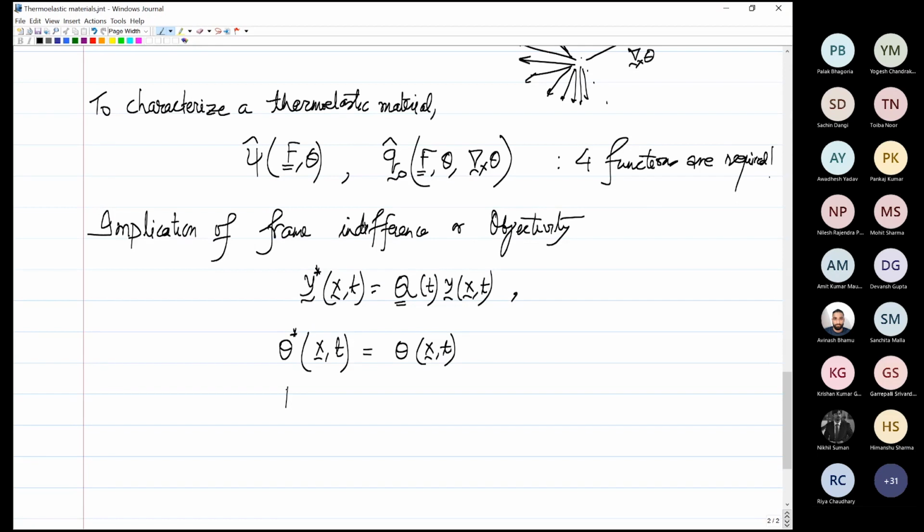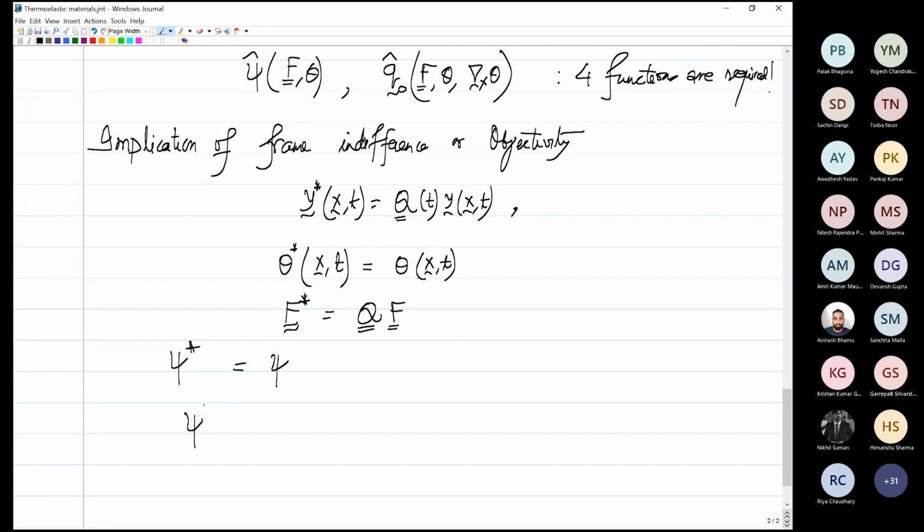And we know that f star is equal to q times f. And how should psi and psi star be related? They should be the same, right? Because psi is also an objective quantity, and being a scalar, psi star should be the same as psi.